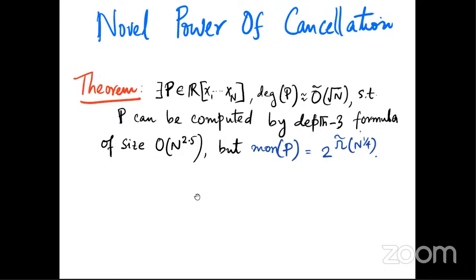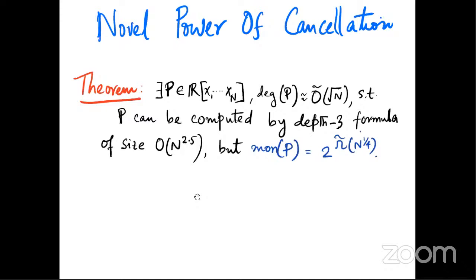It is a monotone polynomial, so it has all non-negative coefficients, and the degree of this polynomial is about square root of n, such that P can be computed by a depth 3 formula or a circuit of size barely over quadratic. But the monotone complexity of this polynomial with unrestricted depth is still exponential.